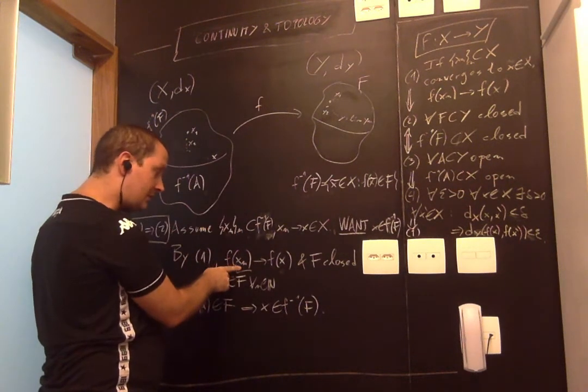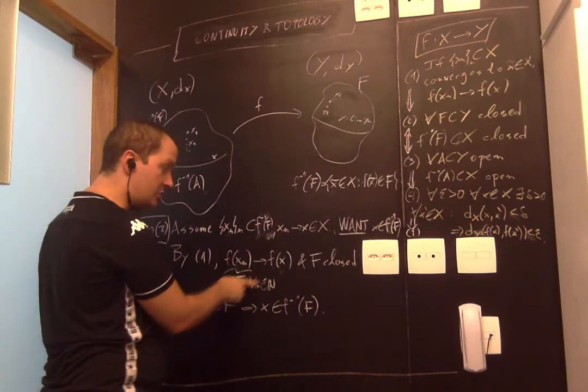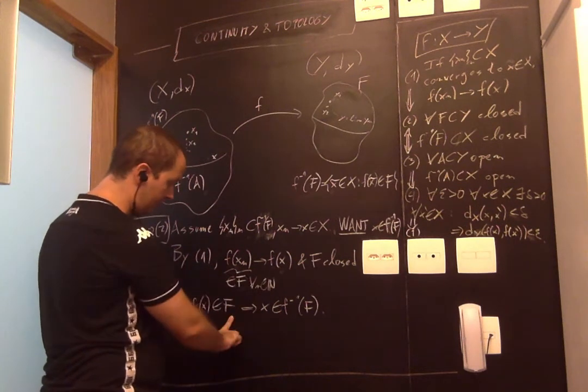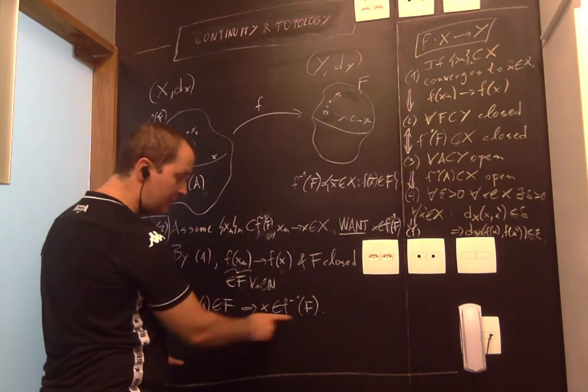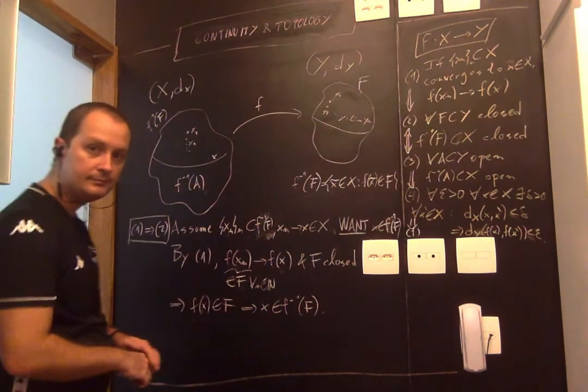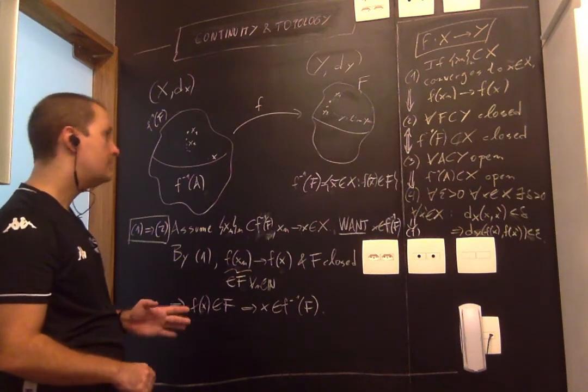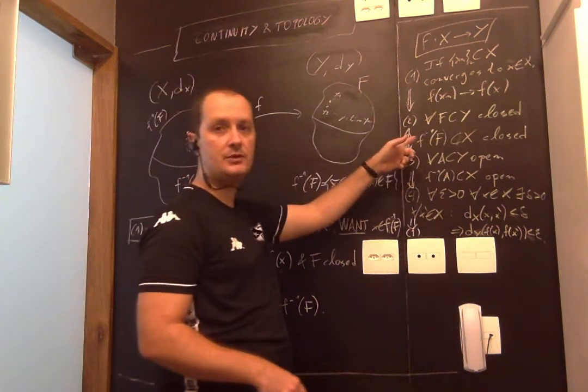This convergent sequence has points inside the set F, which is closed, therefore the limit is also inside F. But if f of x is inside F, it means that x belongs to the pre-image of F. So that does it for 1 implies 2.